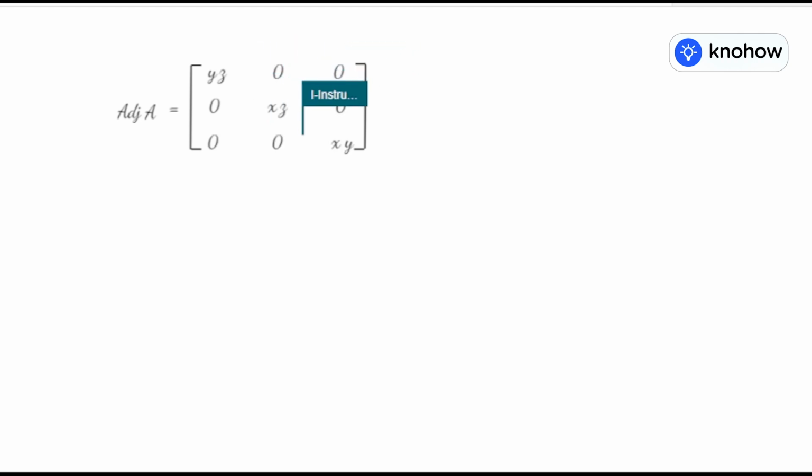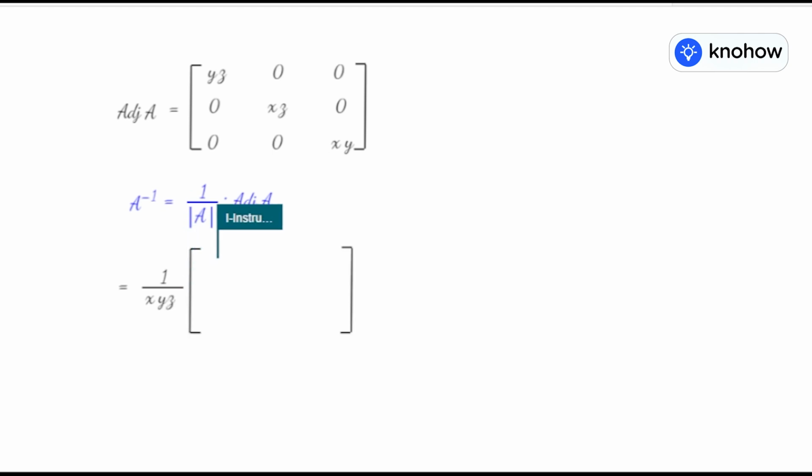So anyway, this is your adjoint A. So now the required A inverse is 1 by determinant A into adjoint A. I write the formula again. You have already worked out determinant A as xyz, and adjoint A is yz 0 0, 0 xz 0 and 0 0 xy, this matrix.